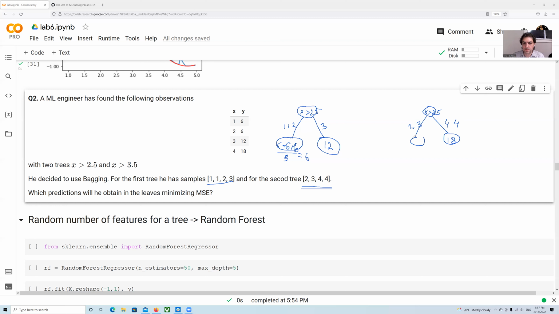And for 2 and 3, we will get 6 plus 12 over 2. 18 over 2 is 9. So these are predictions for the second tree. Now I hope you understand better the idea of Bootstrap.